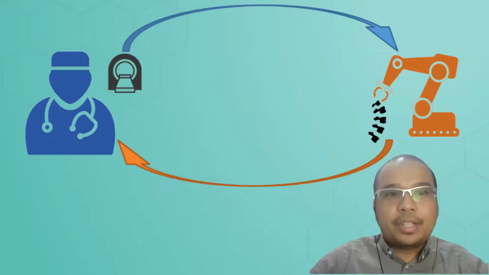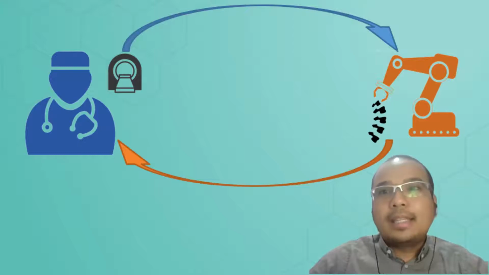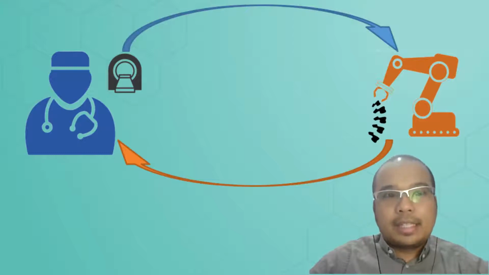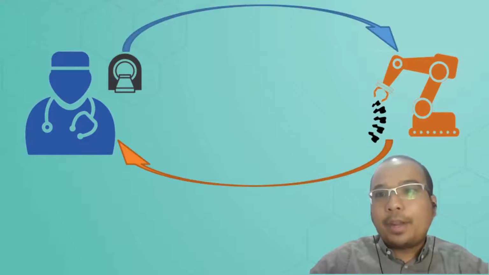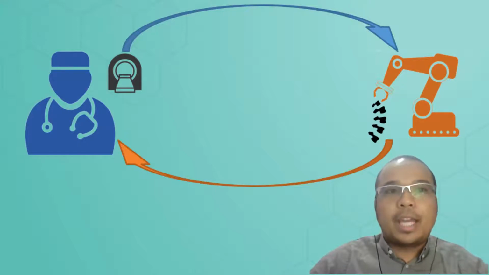Now, this doctor will send this DICOM file to a fabricator located somewhere, and this fabricator will develop the prototype, manufacture it, and then physically send the developed anatomical model to the doctor.